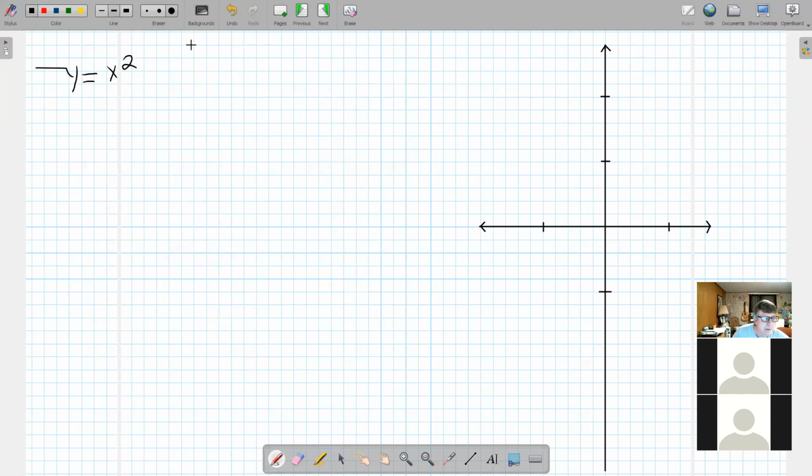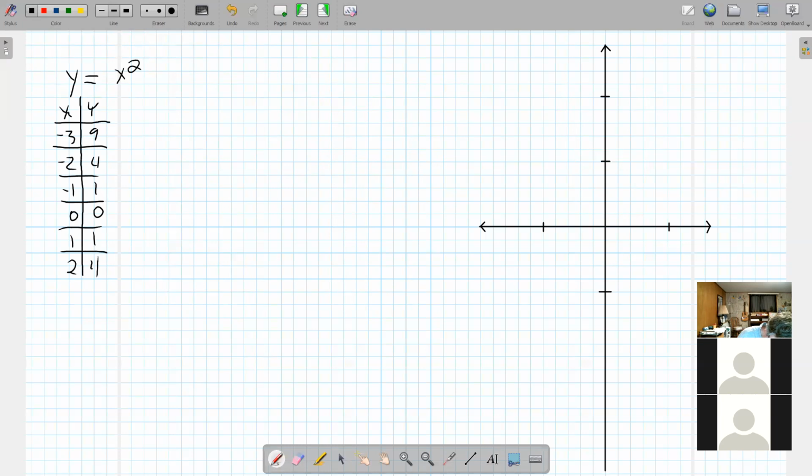Not sure why it did that. Let's try that again. Y equals x squared. And I'm just going to reproduce the table from the previous page. -3, 9, -2, 4, -1, 1, 0, 0, 1, 1, 2, 4, 3, 9.